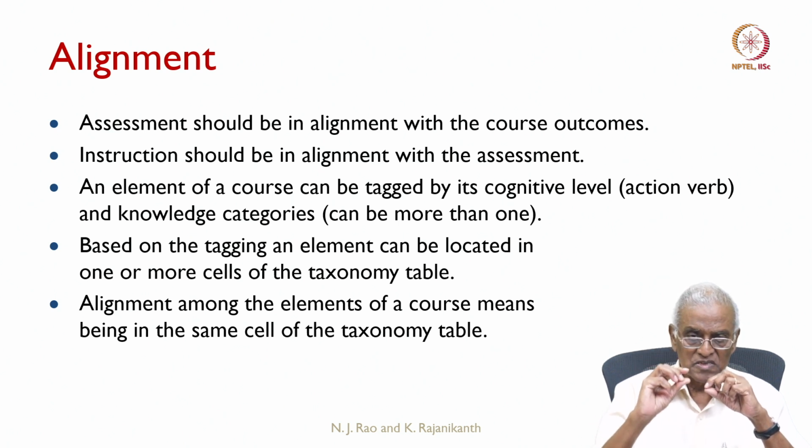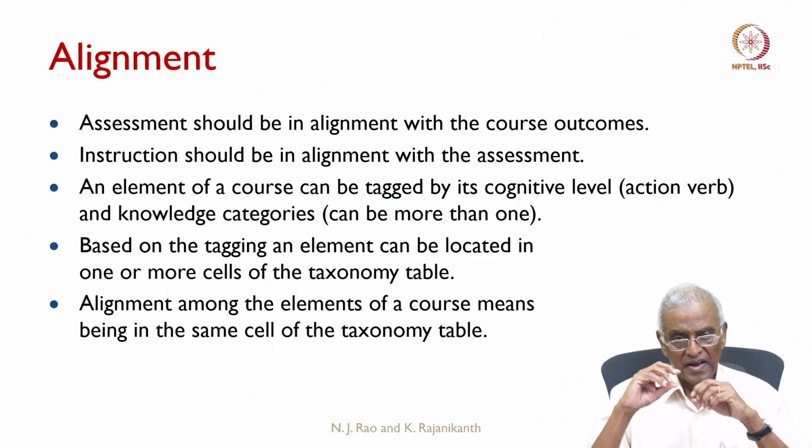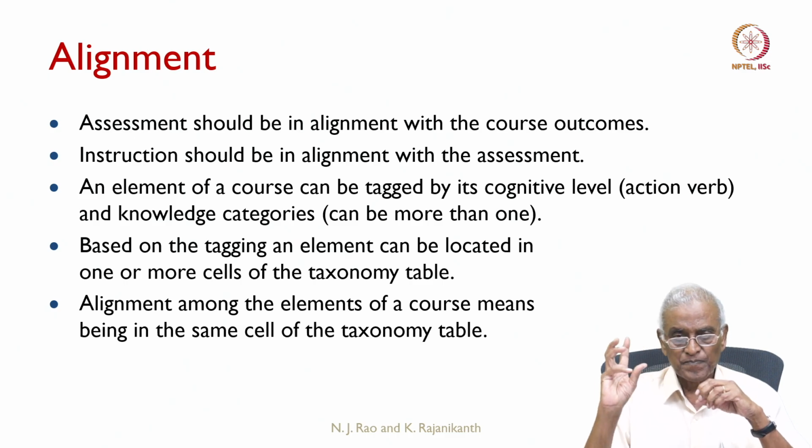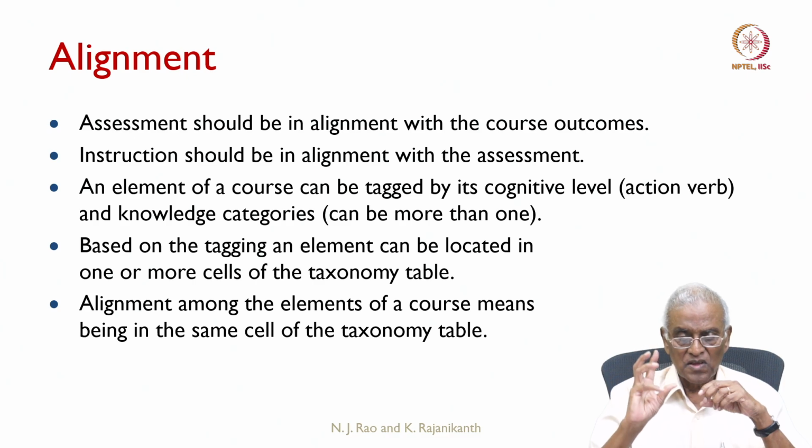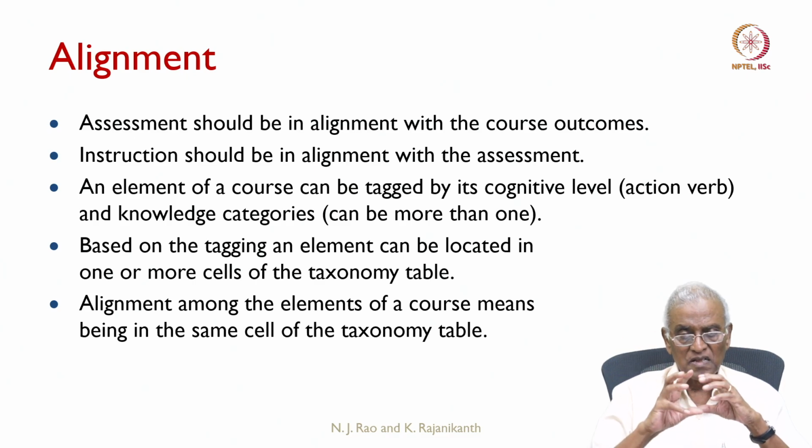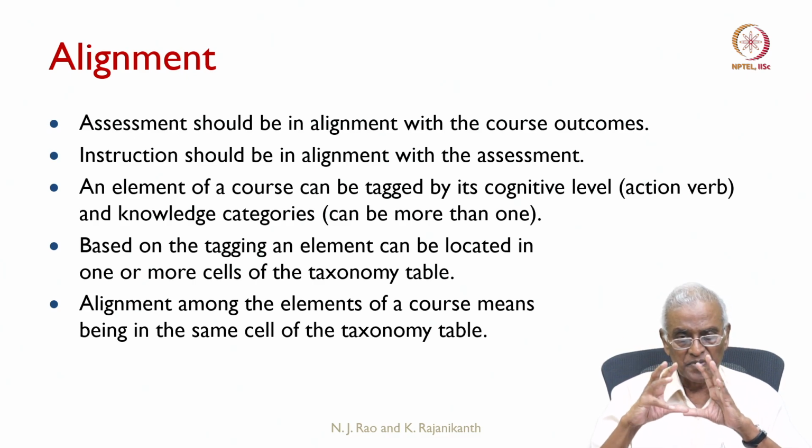That will also be in the same cell. Then I conduct assessment, and my questions or whatever I ask, my assessment items, are by their nature also located in the same cell. That means I have a perfect alignment between the three elements of a course.